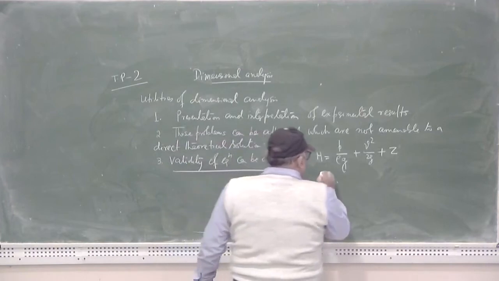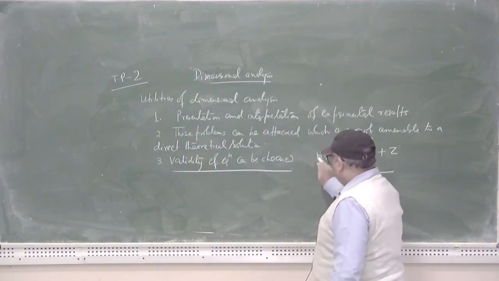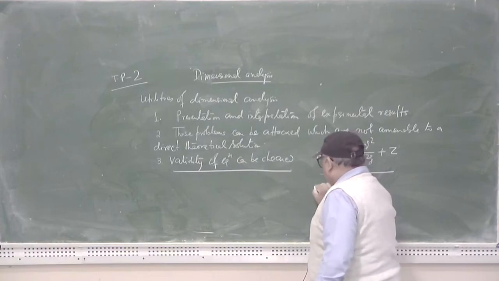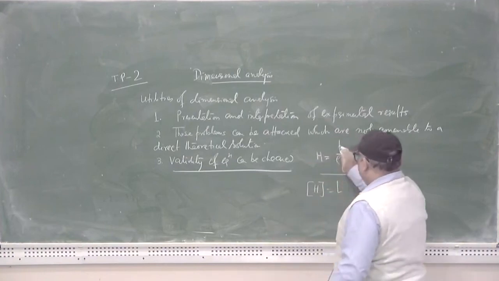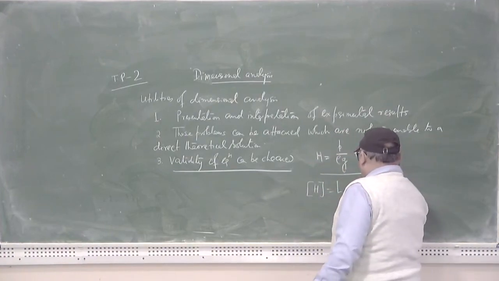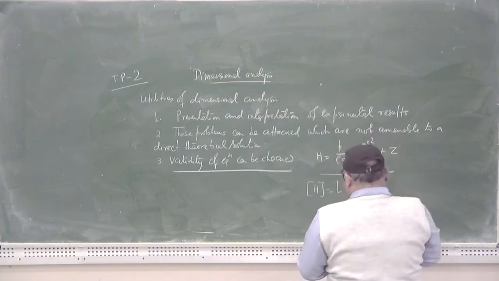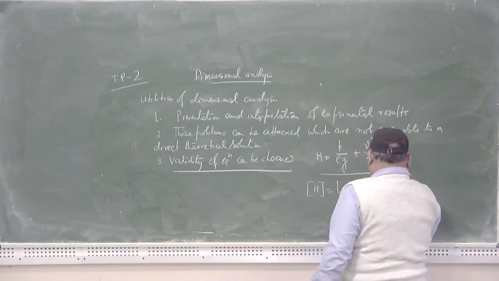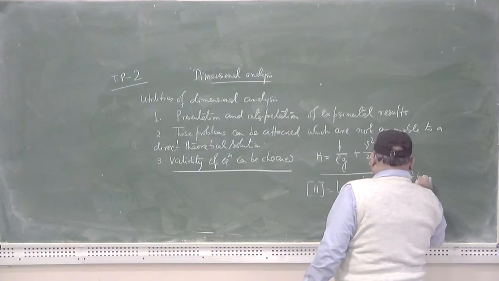So let us suppose you have to validate this equation, then the dimension of H is L. Simply P by rho g, P is the pressure, force divided by area, M L T to the power minus 2 divided by L square.